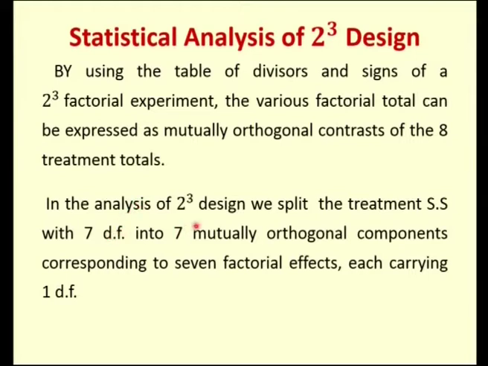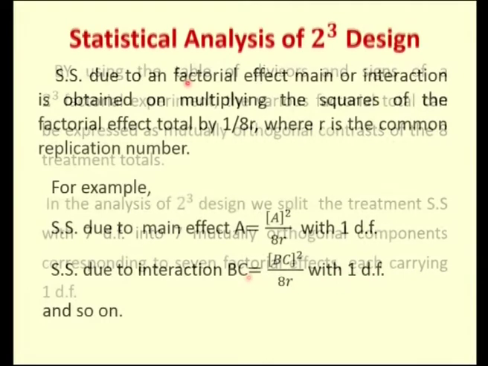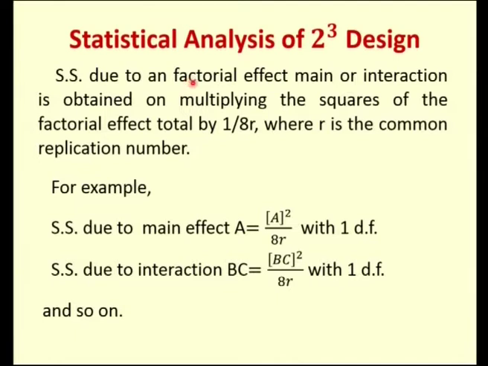So, in the analysis of the 2 power 3 design, we split the treatment sum of squares into 7 mutually orthogonal components corresponding to 7 factorial effects, each carrying 1 degree of freedom. And the sum of squares due to a factorial main effect or interaction is obtained by multiplying the square of the factorial effect total by 1 by 8r, where r is the common replication number.